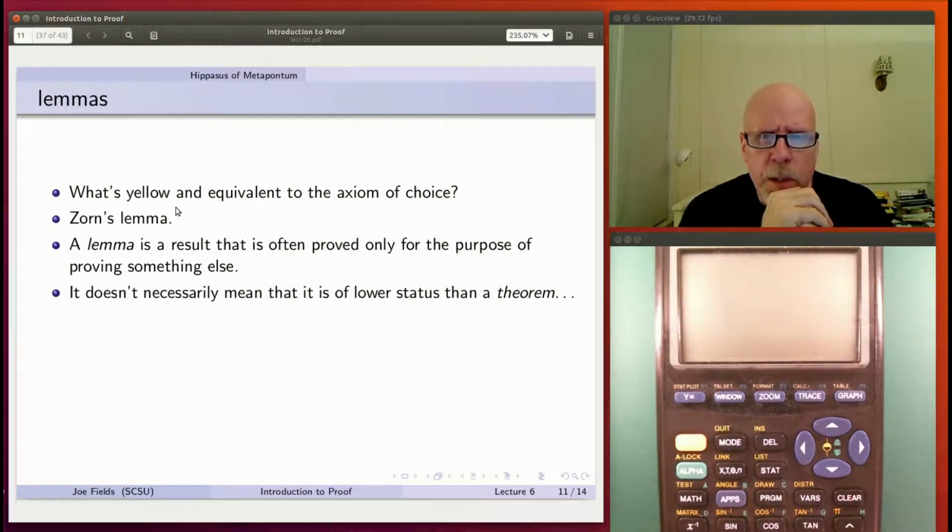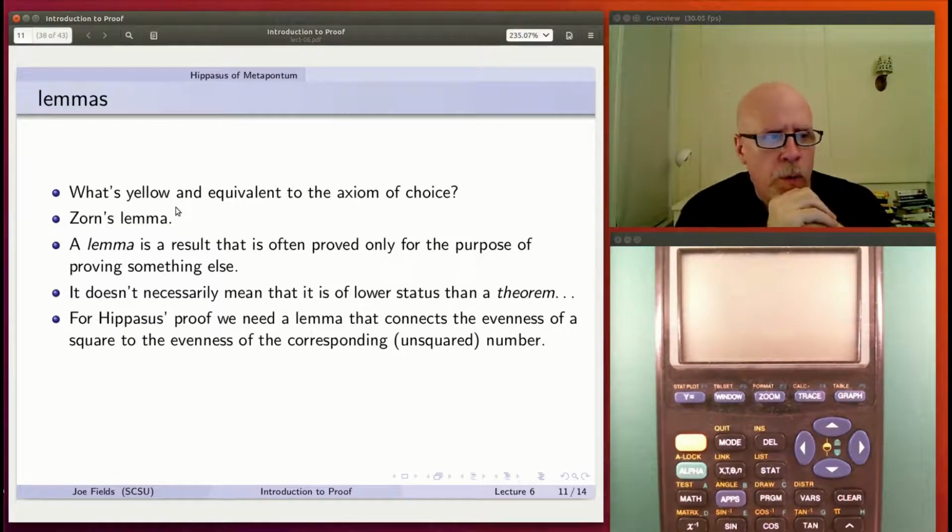But it just means that your original goal was to prove a theorem, and before you could get to that one, you had a little sub piece that you wanted to deal with. That's a lemma. So for the proof that we're going to culminate with today, we need a lemma that connects the evenness of a square to the evenness of the corresponding unsquared number.